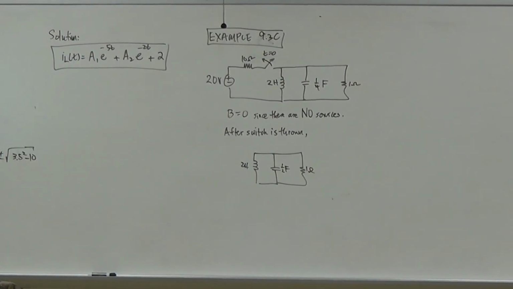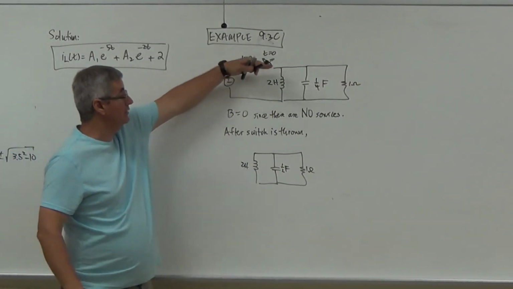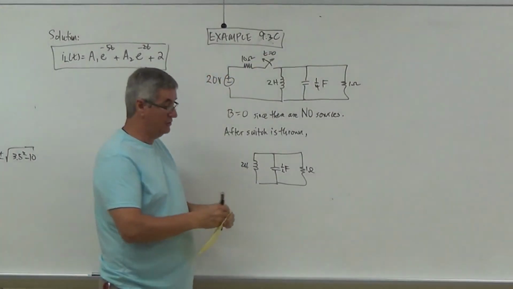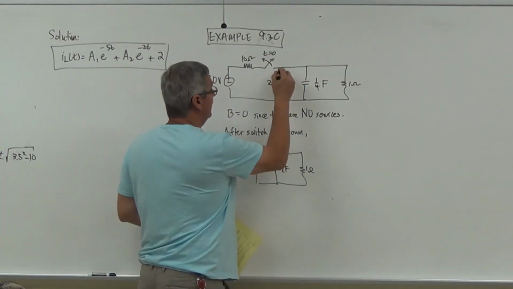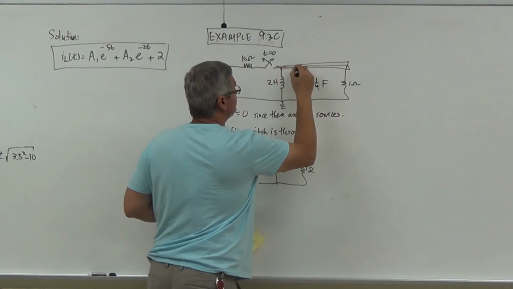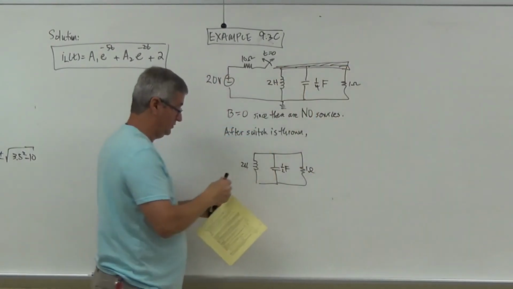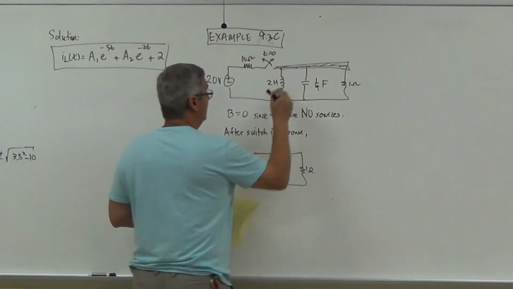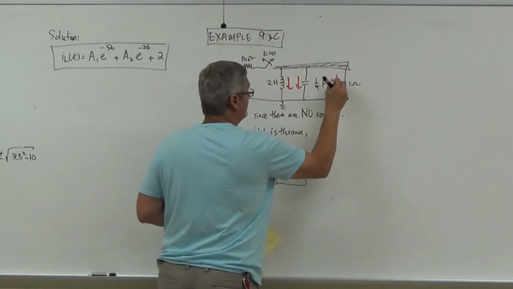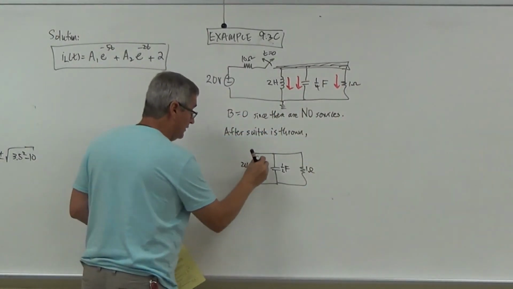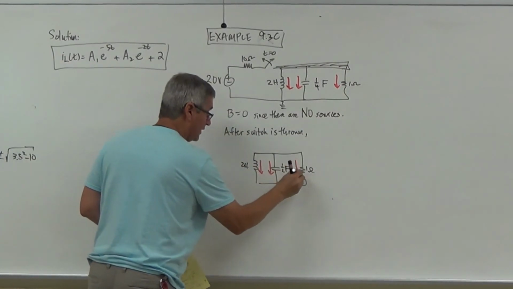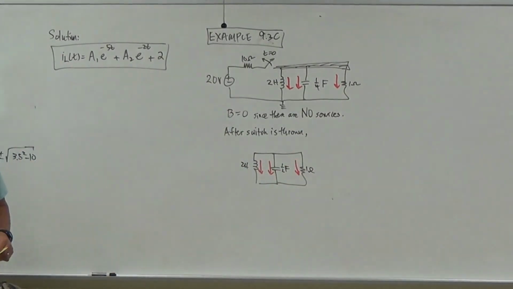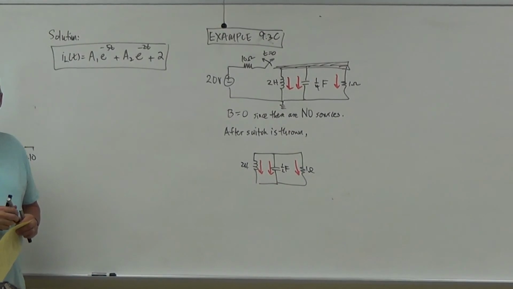It has to be down. Wouldn't you agree that this is the node here? Wouldn't you agree that this has to be the ground? And this node right here has to have some voltage, there's only one. So which direction is the current going? Down. You try to do something different, you're going to get the wrong answer.